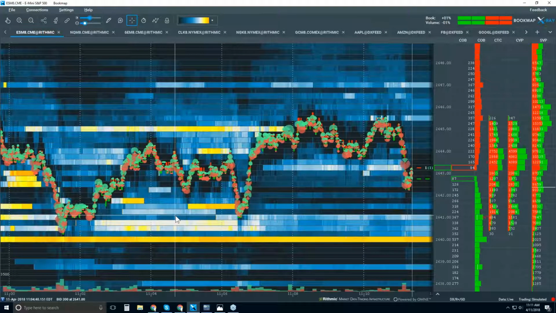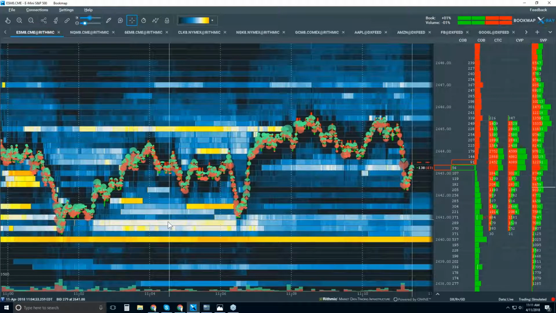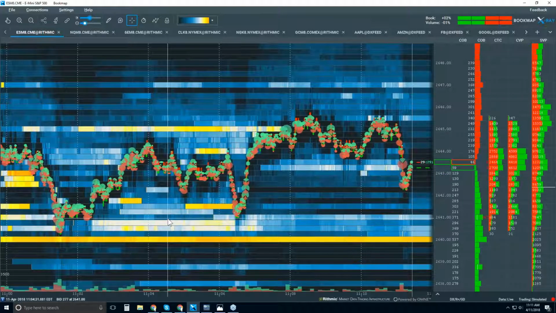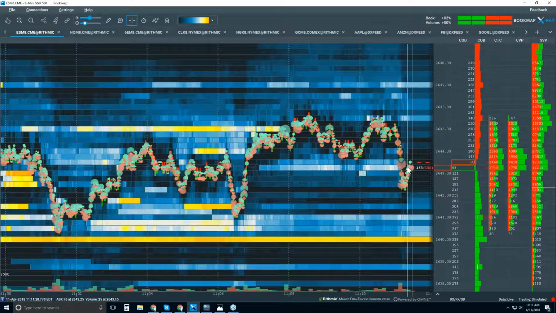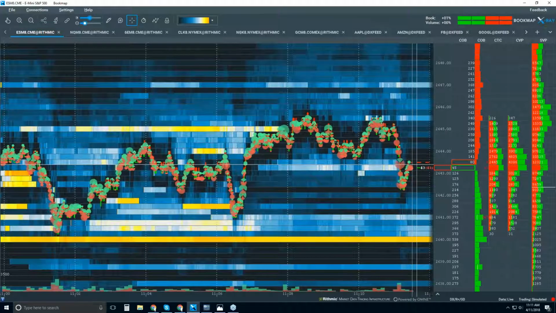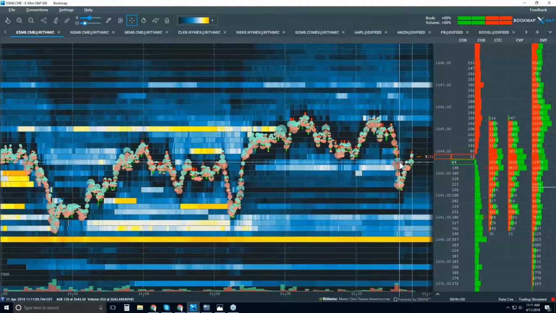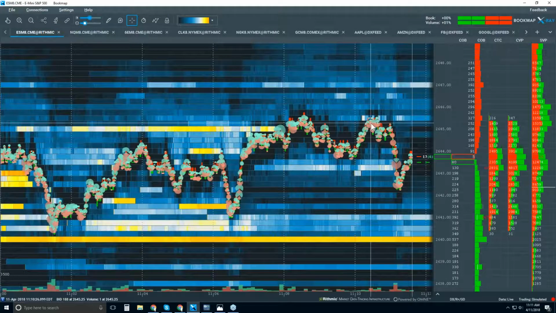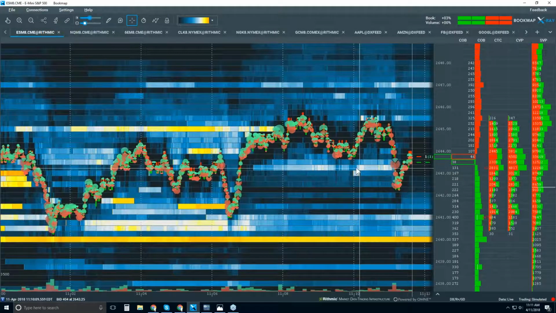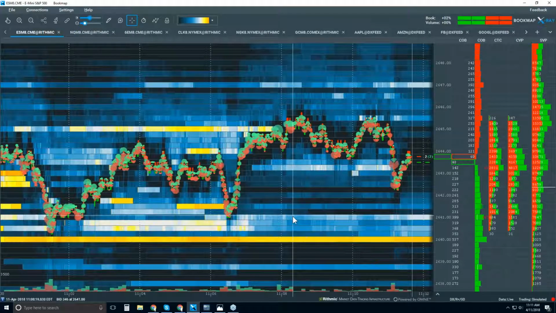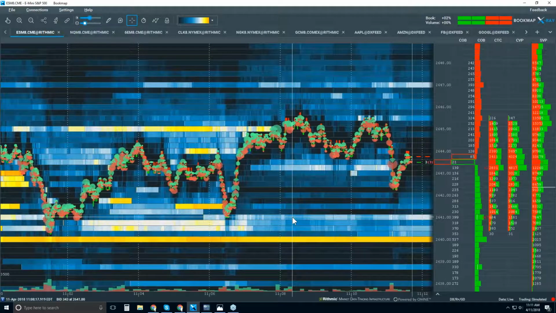But what I like is the bottom of the range a lot better here. Let's see if we can get down, see if those sellers mean business. Pull back to this volume node at the moment. Let's see if the sellers can get it down again to this swing low at 41.